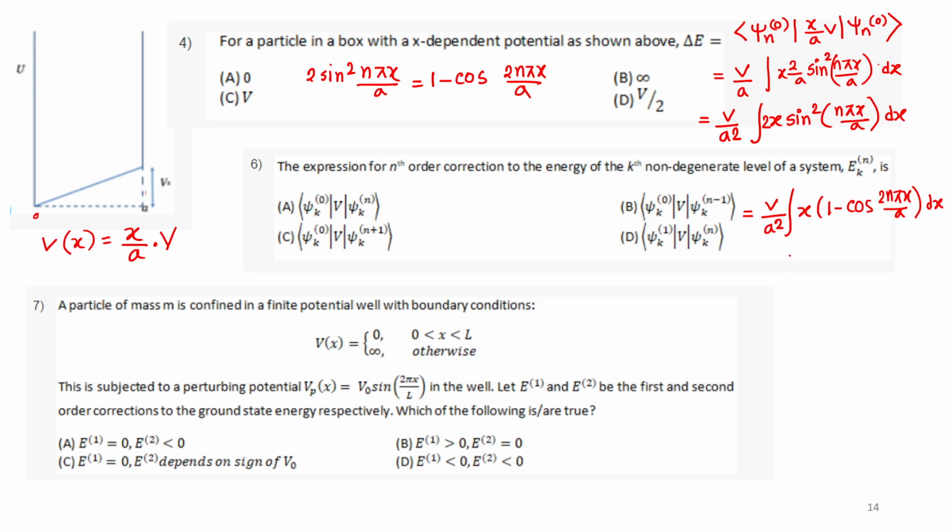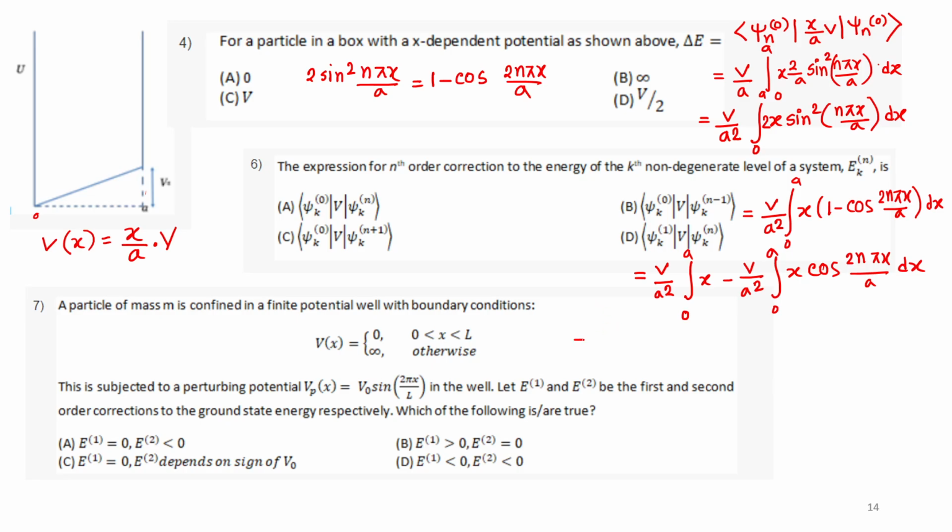Okay, and obviously the integral is from 0 to a, right? But here you will see that we need to use integration by parts. So it is V by a square, integral 0 to a of x, minus V by a square, integral 0 to a of x cos 2n pi x by a dx.